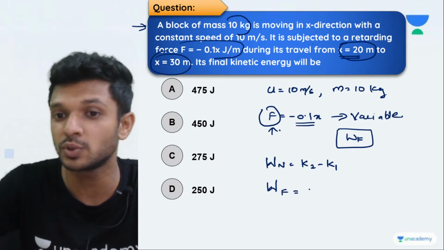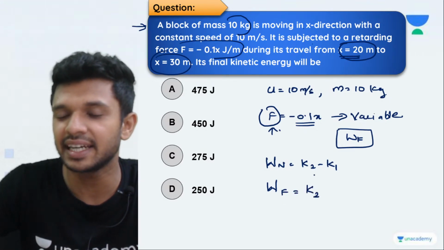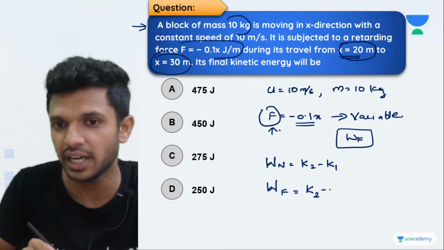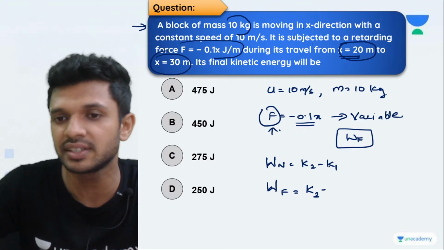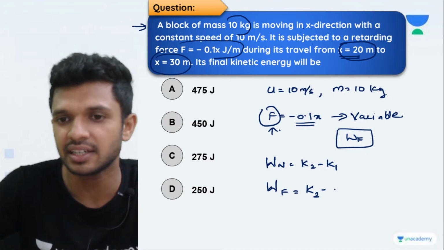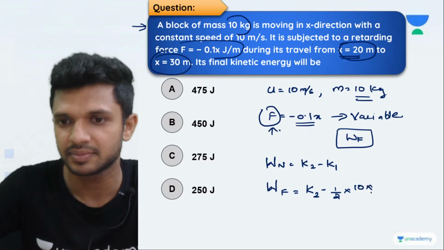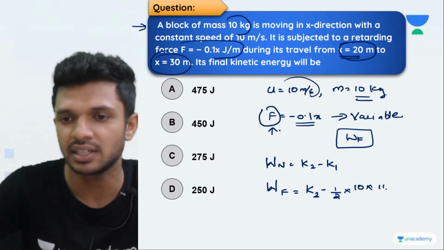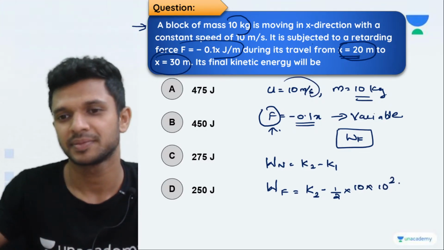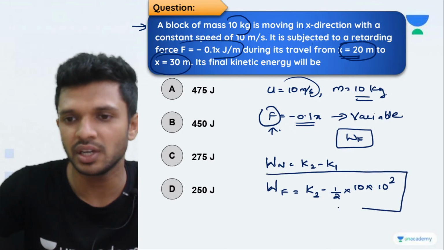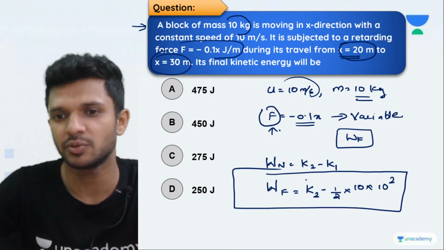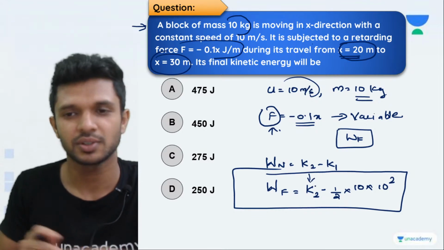So work done by the force is equal to the final kinetic energy K2, which we are supposed to find out, minus K1. What is K1? The initial kinetic energy, formula half m u square, that is half into 10 into 10 square. We are just a small distance away from finding the value of K2.